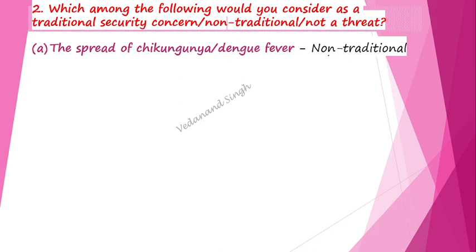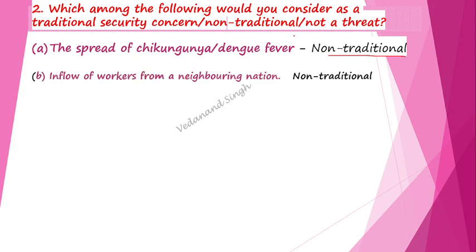This is non-traditional. I have already discussed in detail in the unit I uploaded on the same chapter on my YouTube channel, so you can find there what traditional and non-traditional mean. Now the second, B, is the inflow of workers from neighboring nations. The answer to this is non-traditional. It comes under non-traditional threats.